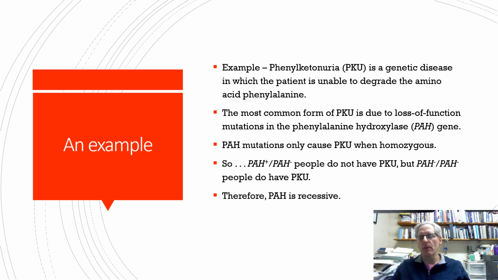Phenylalanine then builds up in the blood, and phenylalanine can cross the blood-brain barrier, and it inhibits enzymes involved in the formation of neurotransmitters, thereby causing intellectual disability and other types of conditions.